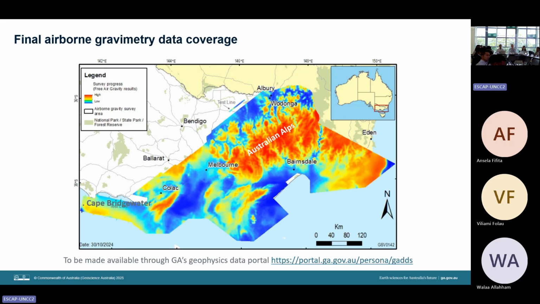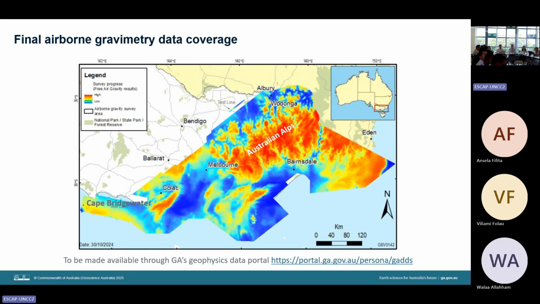Exactly the kind of rugged, hard to reach terrain where ground gravity has always been a bit patchy and thin on the ground. Over the Alps, we can see the gravity signal is strongest, sandwiched between Wodonga and Barnsdale, and flatter elsewhere where the topography is less coarse. So really, we are capturing those mixed density variations beneath the aircraft.